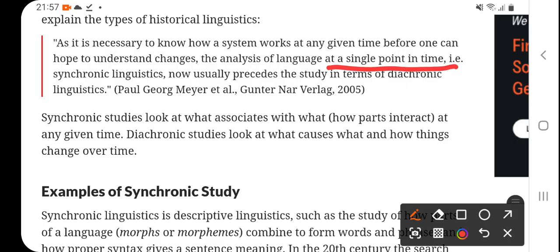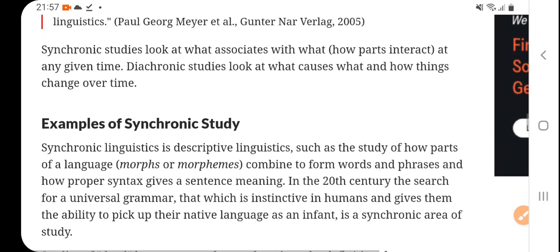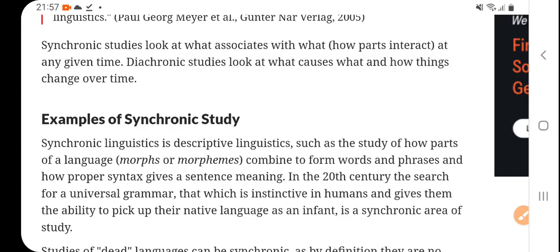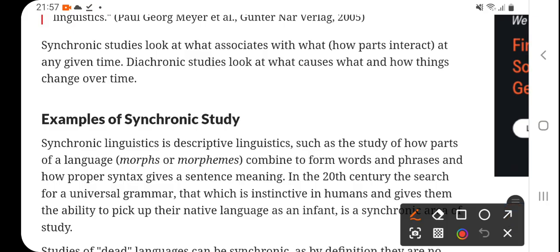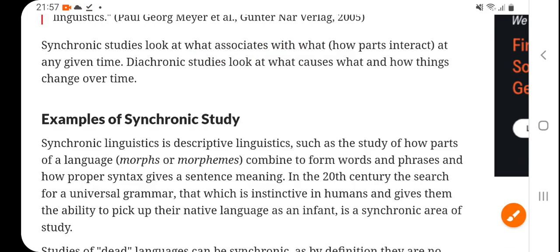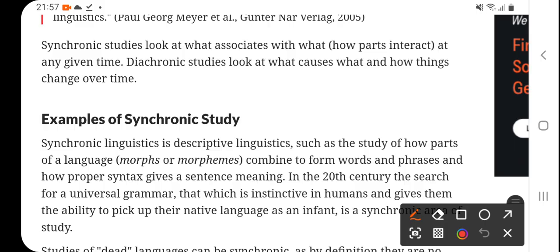Synchronic studies look at what associates with what, how parts interact at a given time.